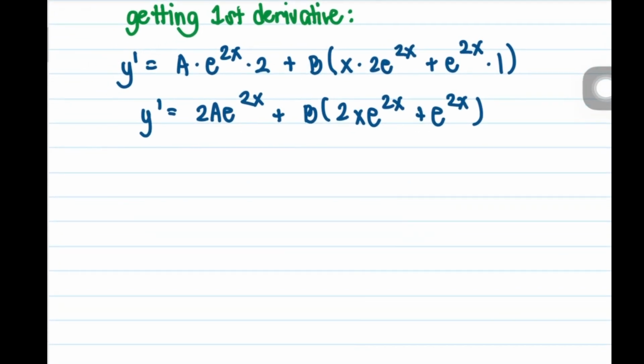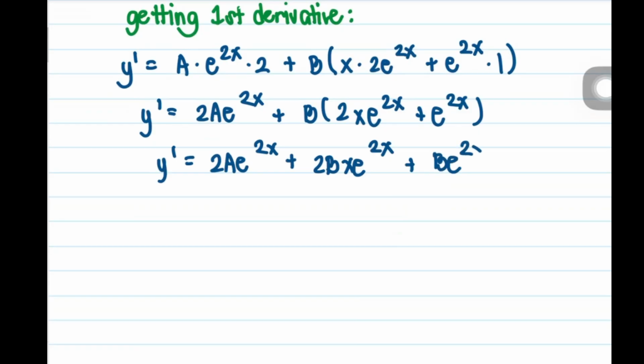Then simplifying further, y prime is equivalent to 2a e raised to 2x plus 2b x e raised to 2x plus b e raised to 2x.